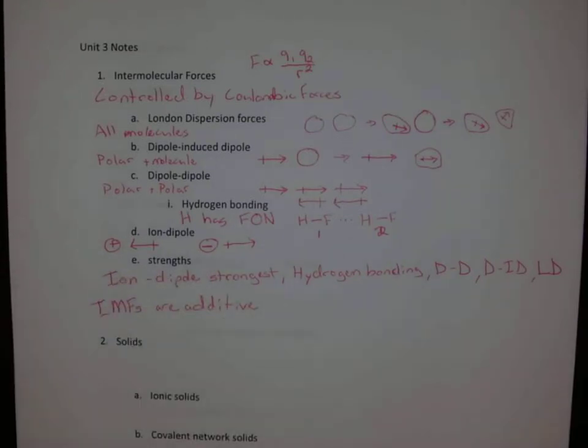So we can have a molecule that has only London dispersion forces, but has lots and lots and lots of London dispersion forces. So it's going to have strong intermolecular interactions, okay?